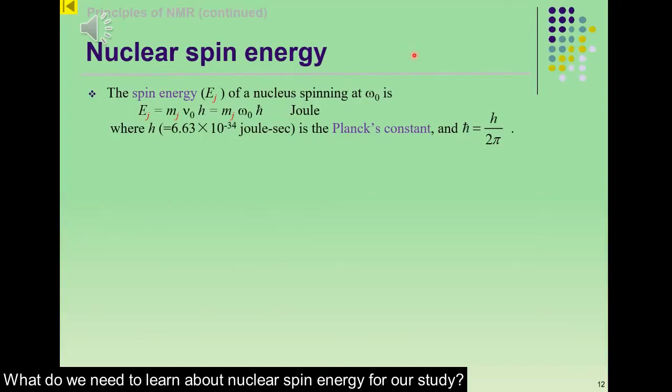What do we need to learn about nuclear spin energy for our study?